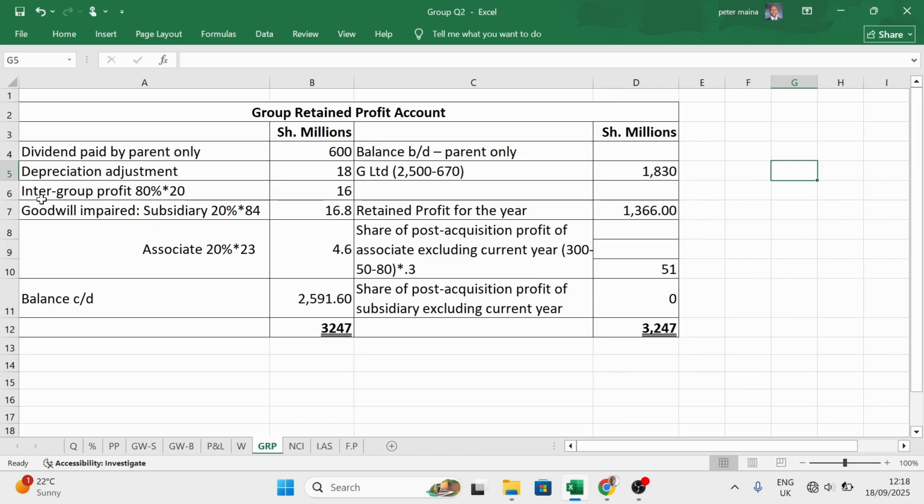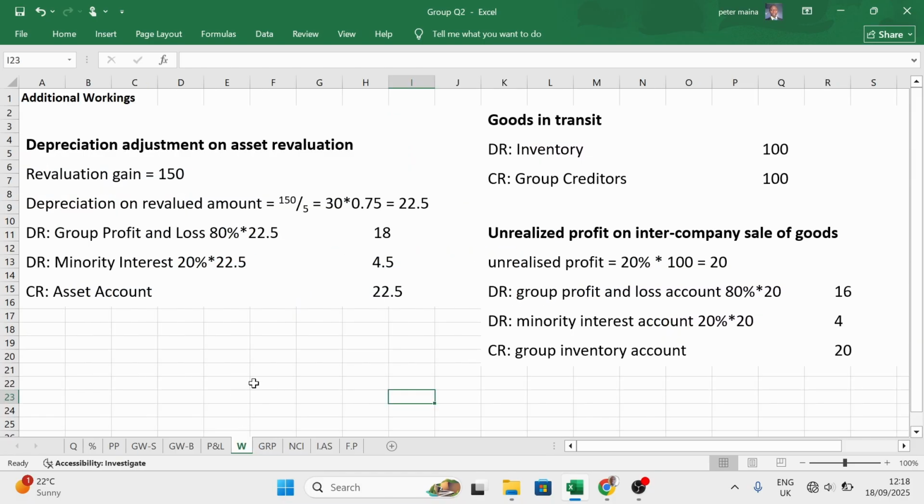For example, we had depreciation adjustments, 18. So let us go back to the workings and see how we arrived at 18. This was the revaluation gain. So revaluation gain, we did some workings here. The revaluation gain was 150. We divided by 5. We multiplied by 9 over 12.